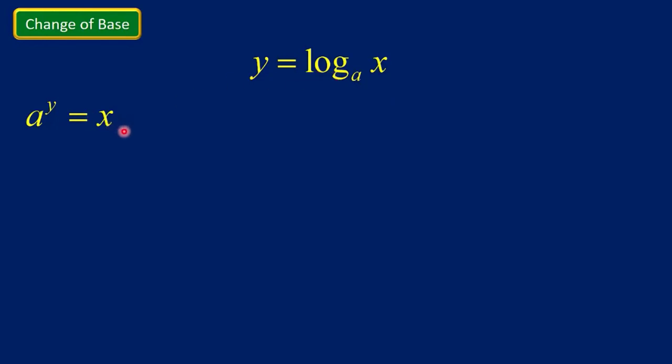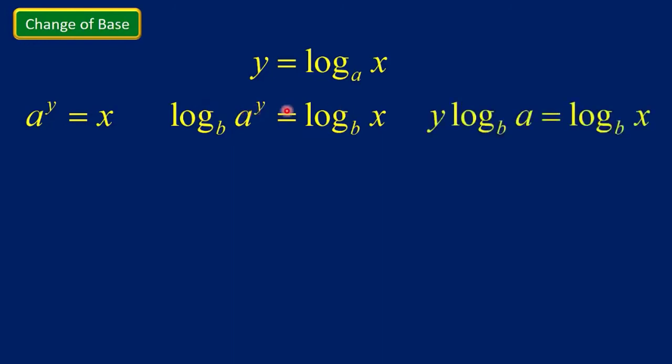Now, once I do that, let me go ahead and just apply base b to both sides. So I'm going to take log base b of the left side, log base b of the right side. See that? Now, look at this. I've got log base b of a to the y. Let me bring the y out front. That's a property of logs. And then divide by log base b of a.